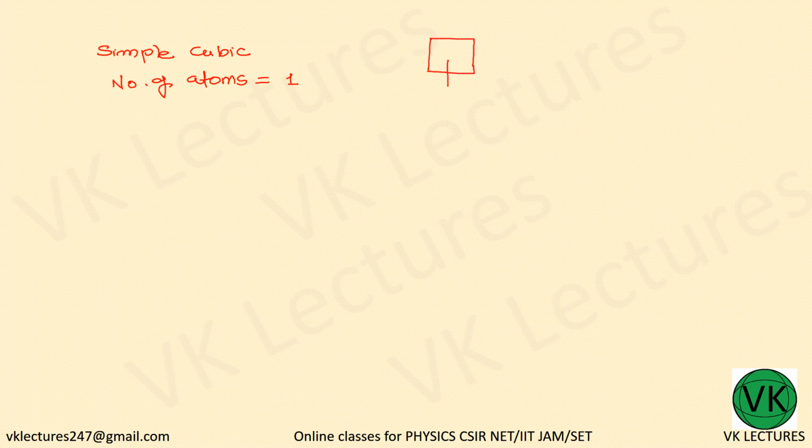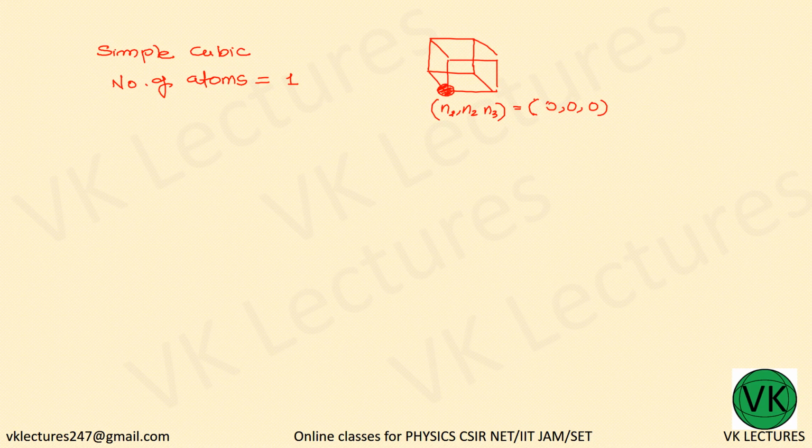This is the structure that we have, and somewhere here you have that particular atom that we are talking about. Okay. So this is at the origin, so this is n1, n2, n3. All values are equal to 0, 0, 0. So at this plane we are checking whether it is Bragg reflected or not.